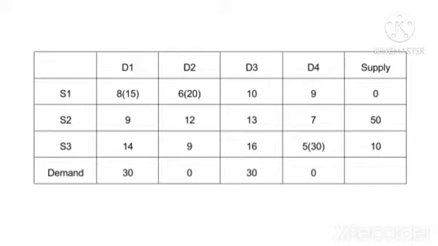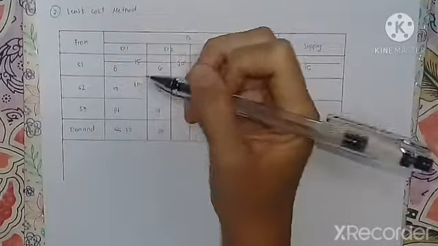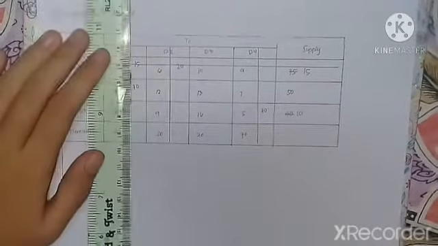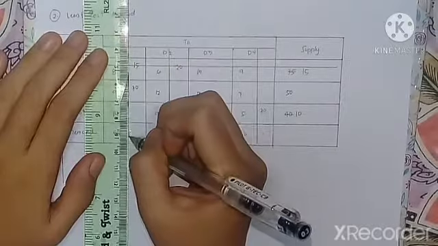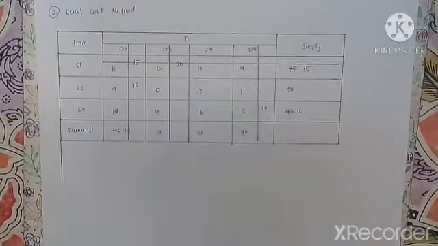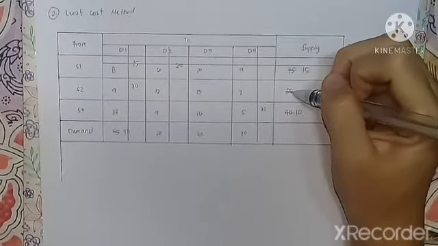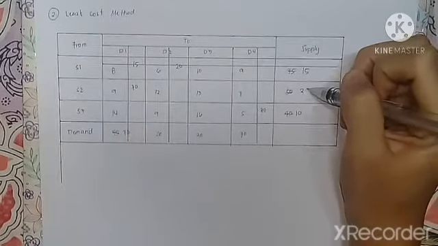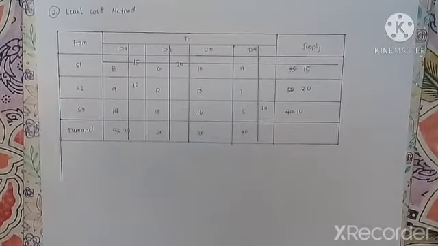The next smallest transportation cost is 9 in cell S2 and D1. The demand is 30 and 50 is the supply. The allocation to this cell is 30. This satisfies the entire demand of D1 and leaves 50 minus 30 equals 20 units with S2.